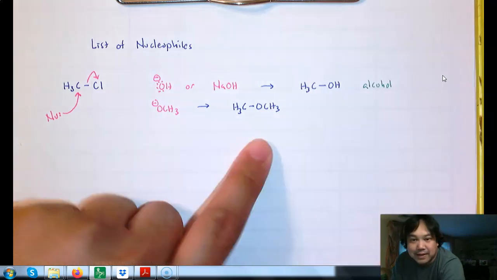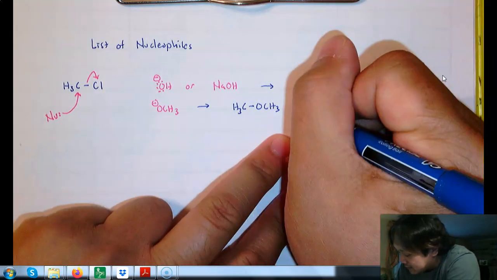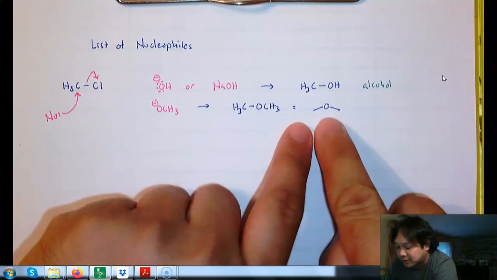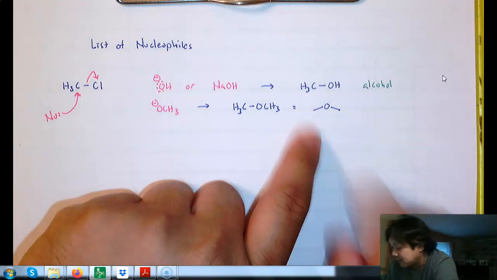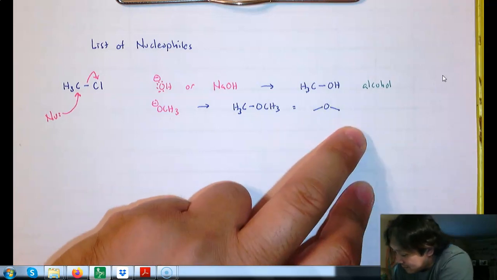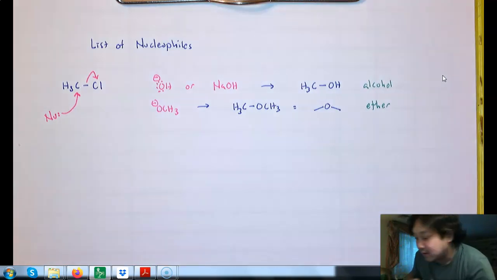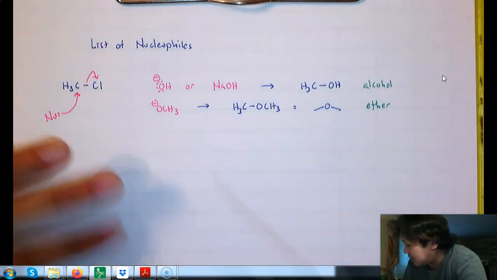But that's the same as what? That's the same as an oxygen with 2 methyl groups, 1 on each side. That's called an ether. Okay, a few more.